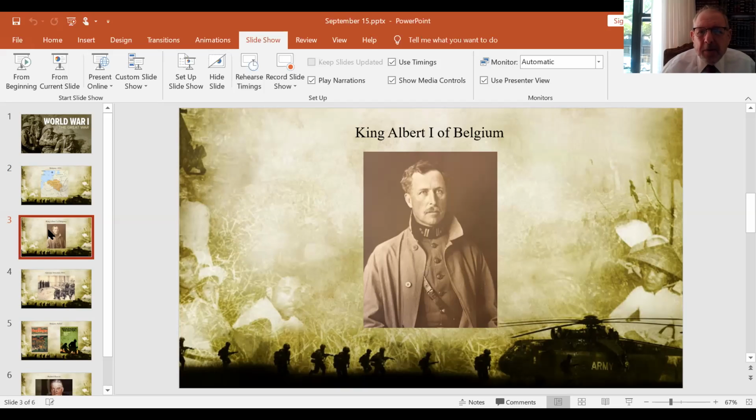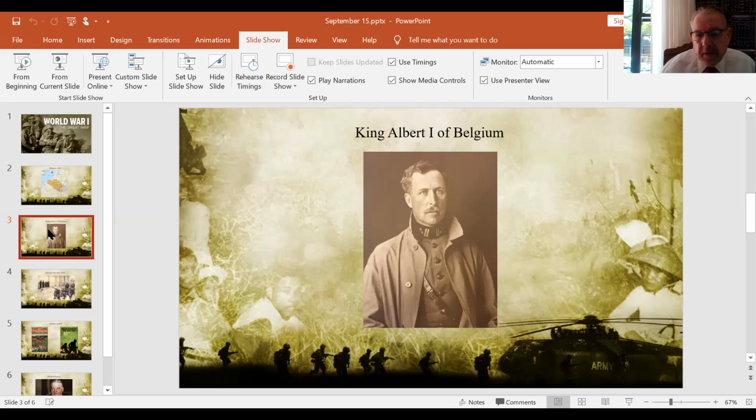But King Albert of Belgium was himself of German origin, of German royalty, and his wife was also of the Wittelsbach family, from Bavarian aristocracy. So the family was German by descent, but he's now the king of Belgium. And where were his loyalties going to go?